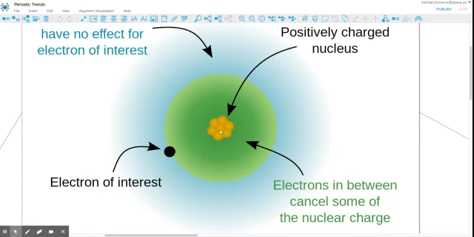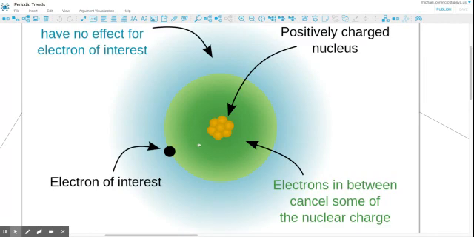So that shielding effect can also reduce the positive pull that an electron feels. And so what we're going to talk about when we talk about groups and periods is how that attractive force is changing as we go across the period and as we go down a group.